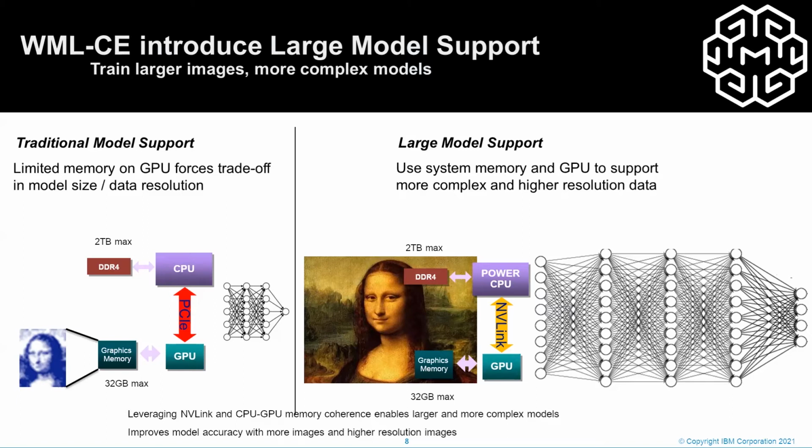That could be done thanks to NVLink, which gives awesome performance. Not only is NVLink pretty fast in terms of bandwidth, it also has a very low latency compared to PCI, especially.